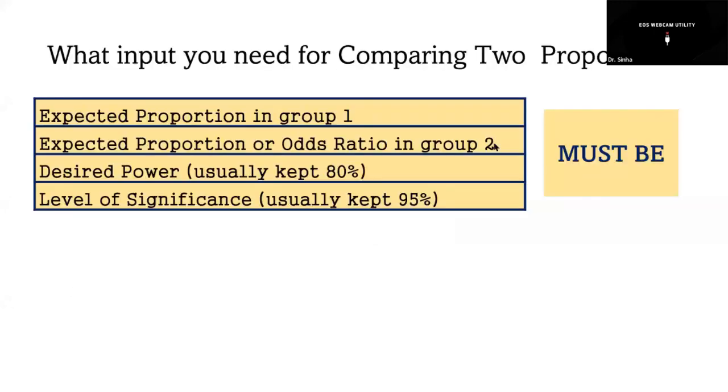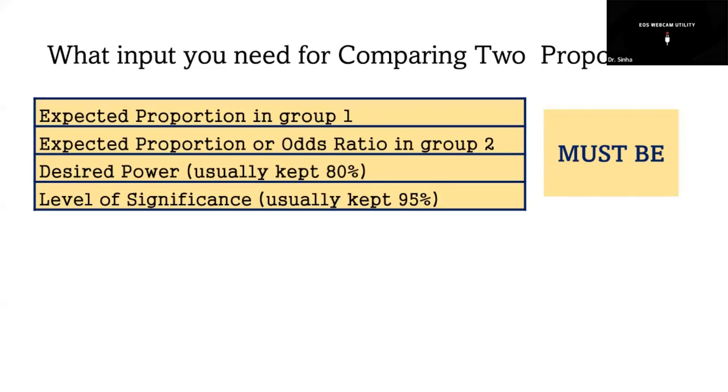In this case also, you should have these 3 figures as a must, because obviously you will compare the cases which we saw, COVID mortality in males and females. So there were 2 proportions. So you should have an expected proportion in group 1, expected proportion in group 2, or you can have an odds ratio in group 2, because in analytical cross-section study, generally we have an odds ratio. And then the desired power, we usually keep this power as 80%.